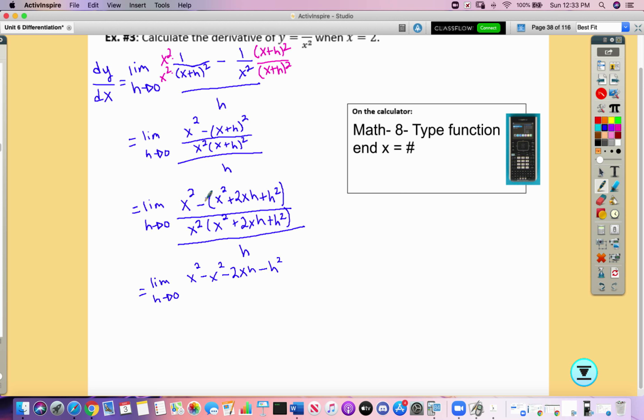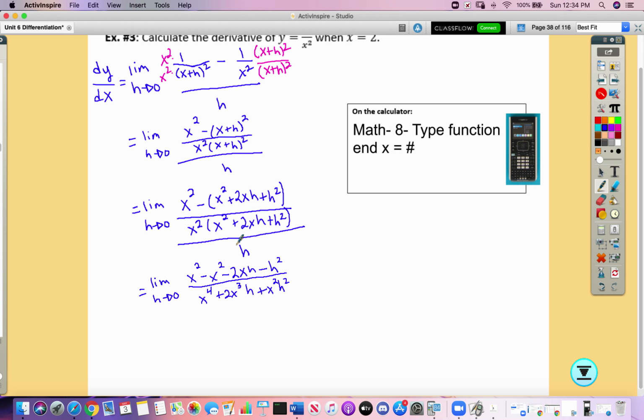That negative is getting distributed through this whole entire polynomial. And then down below, I'm distributing x squared. So x squared times x squared is x to the 4th. And x squared times 2xh is a positive 2x cubed h. And x squared times h squared is a positive x squared h squared.